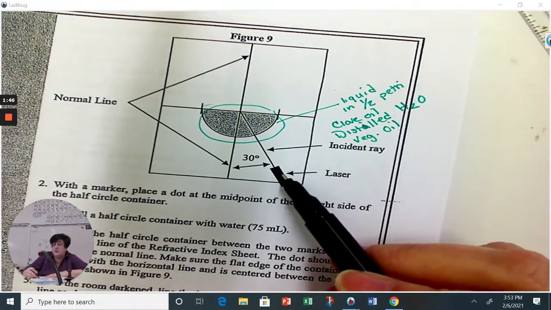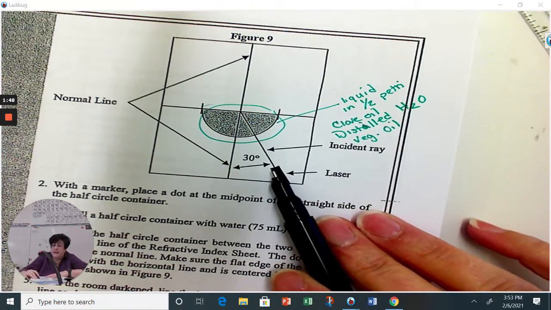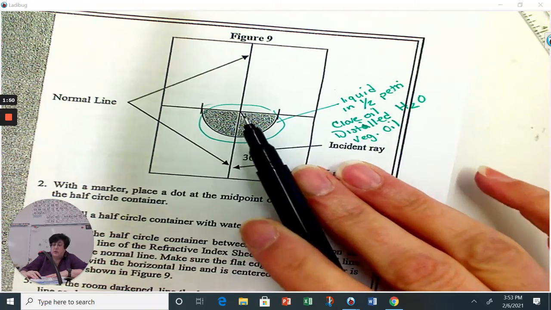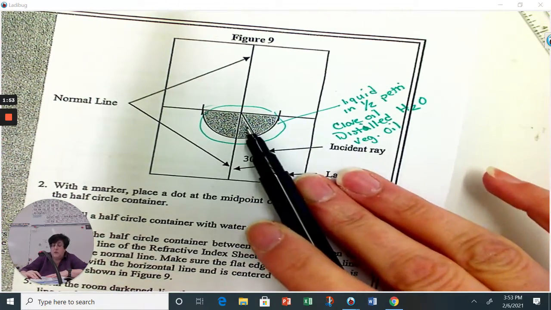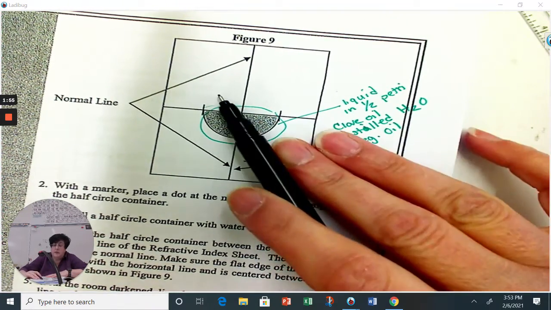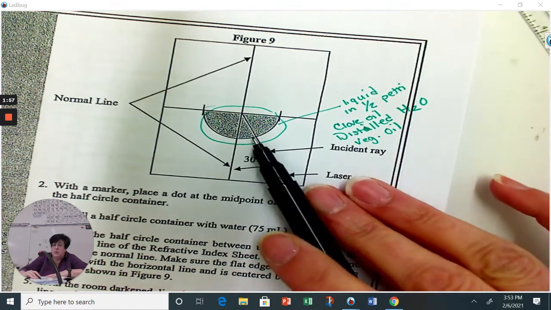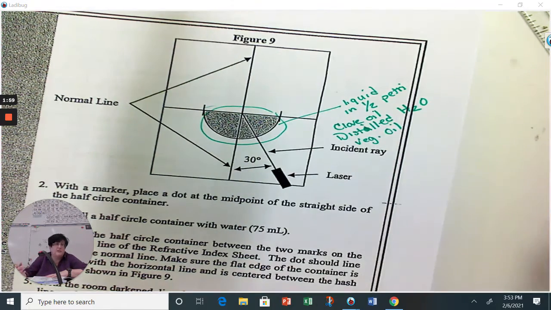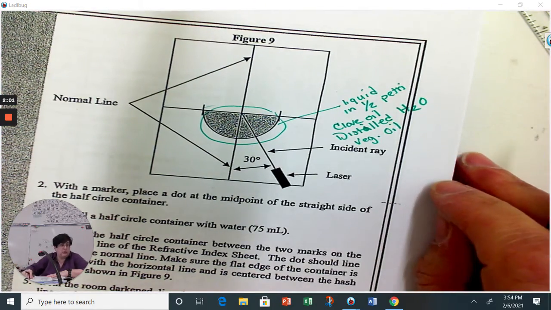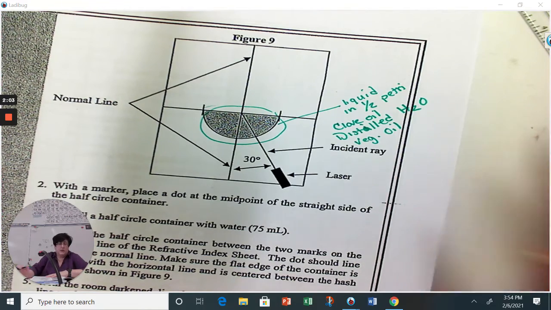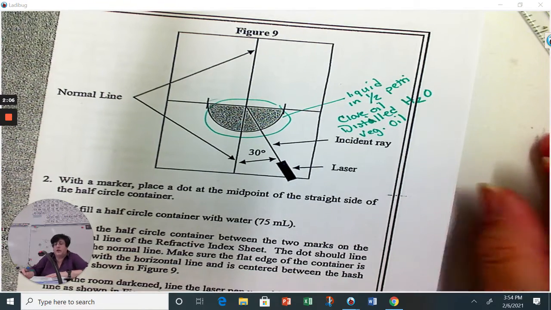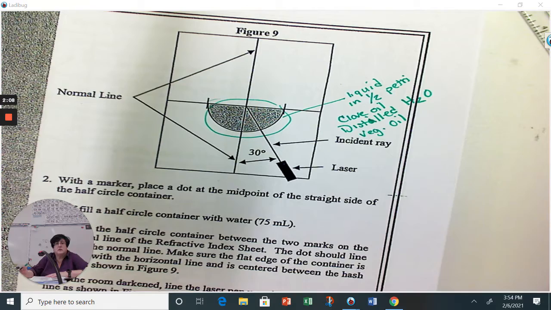I'm going to take a laser pointer and I'm going to align it and shoot it through the liquid. Refractive index means that the liquid is going to make the material bend. Right? So the laser light will make it bend and you'll have a refractive index for that material. Now, the reason why we're doing this has to do with the fact that glass refracts light.